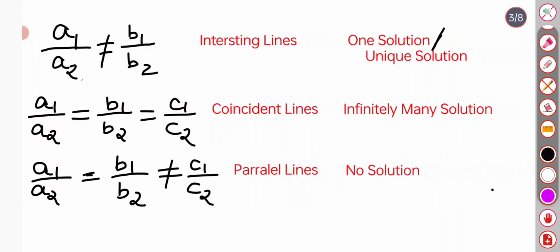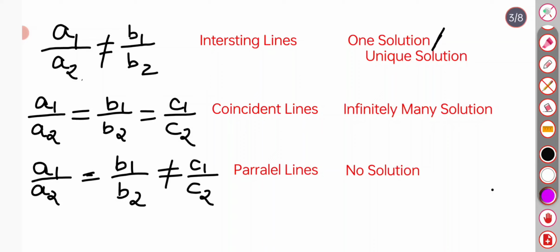If you see the standard form of the equations, we have got a1, a2, b1, b2, c1, c2. So if you observe the ratios of a1, a2, b1, b2, c1, c2, by looking at the ratios also we can say whether the given graph is intersecting, coincident, or parallel lines.